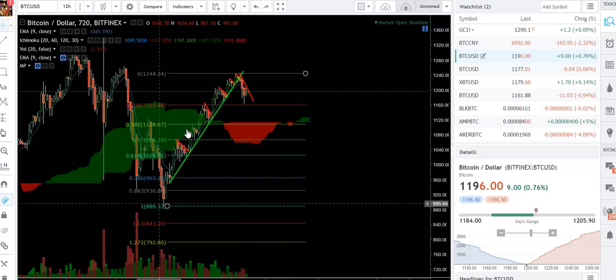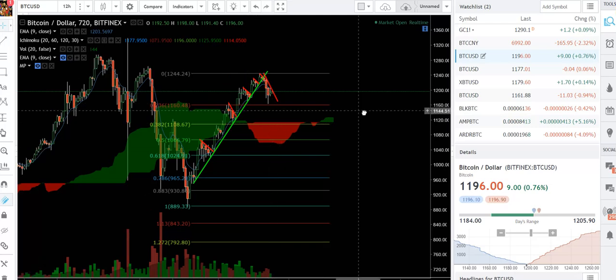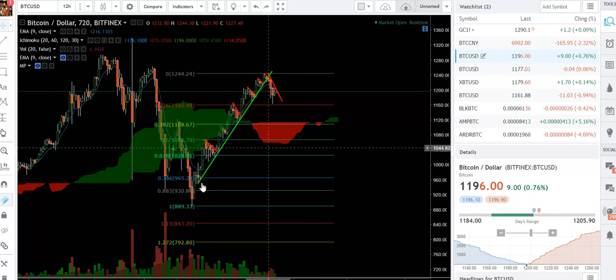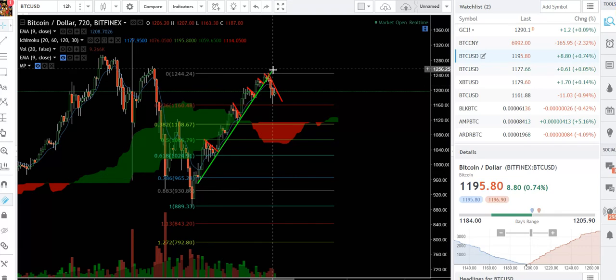Now that we've measured this entire move and we're expecting a retracement of it, we want to look at it and say, okay, what's a likely retracement of this? And then make our decisions there. Because now that we broke this green line that we were riding on, this entire trend is broken. So this entire move is due for a retracement.